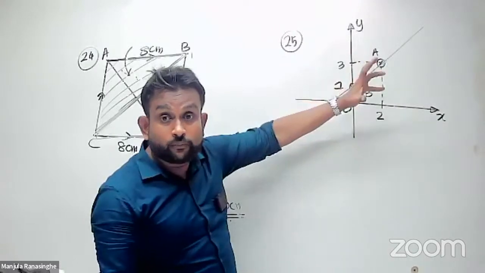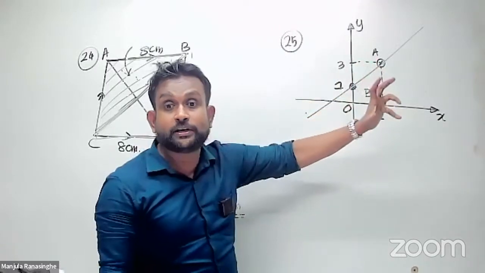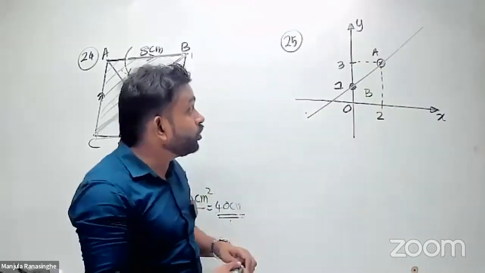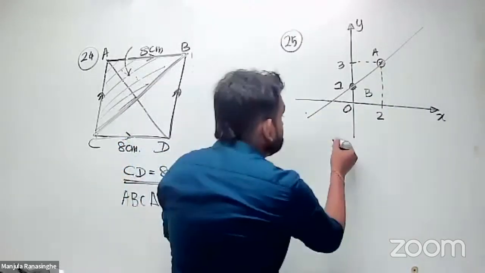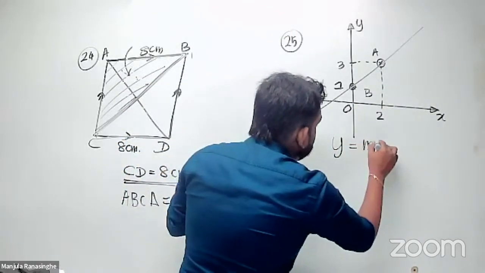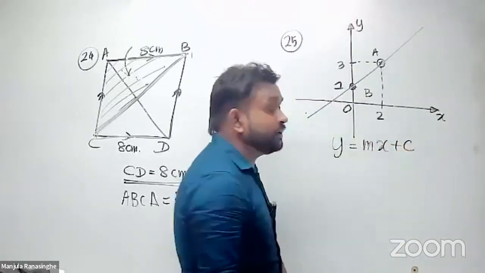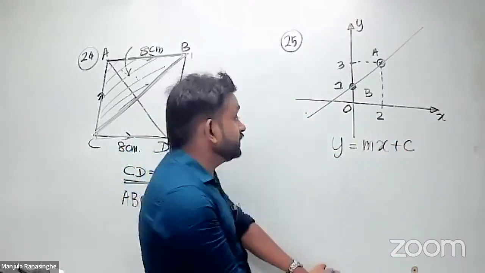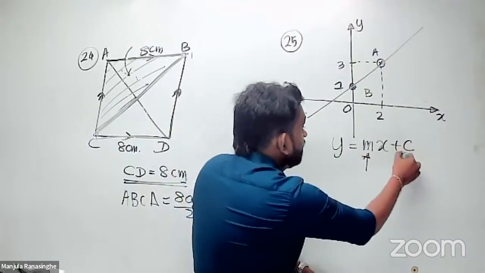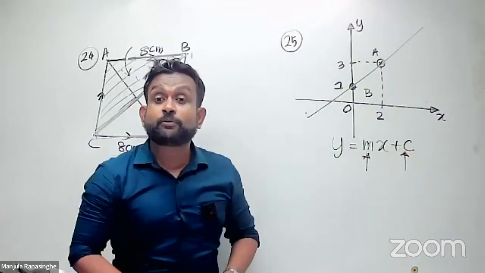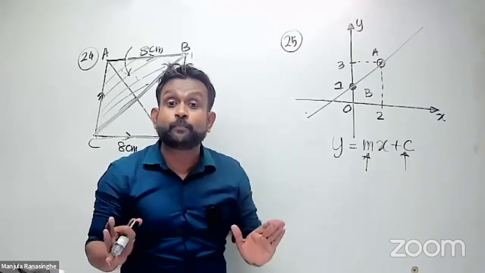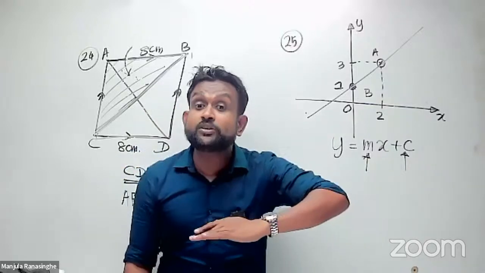To know the equation of a straight line, we should know two things, as we discussed previously. The equation of the straight line is y equals mx plus c. So we require m as well as c. Now I check what m is.